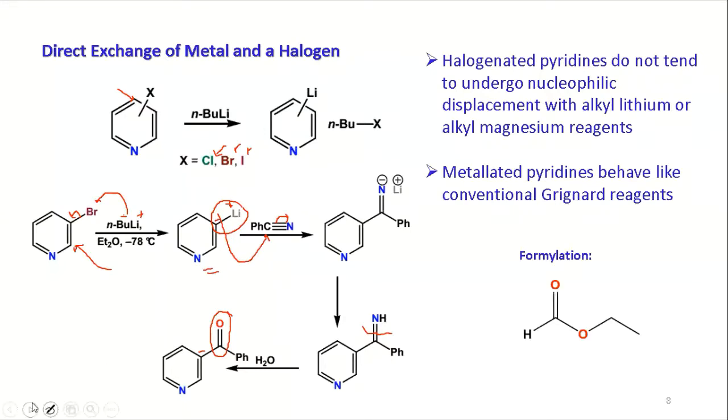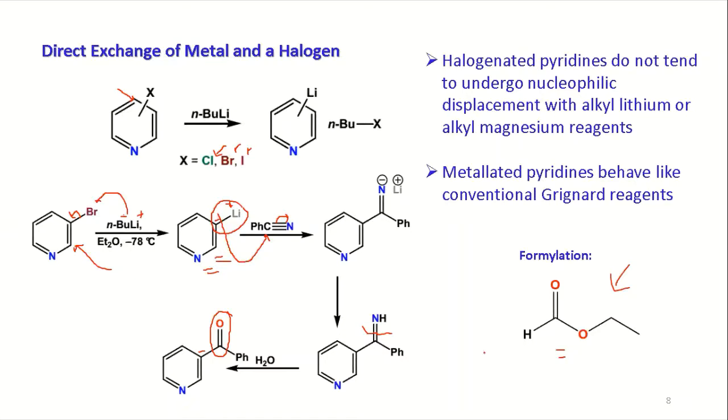Okay, so now suppose you may think, sir, how will I do the formylation? So it is okay, you can make the ketone, but how will you make the aldehyde? Okay, now look at this one. This is ethyl formate. Okay, so ethyl formate is one of the important reagents you can utilize here to do the formylation. What you do, first you generate the lithiation, okay, and then you add the ethyl formate.